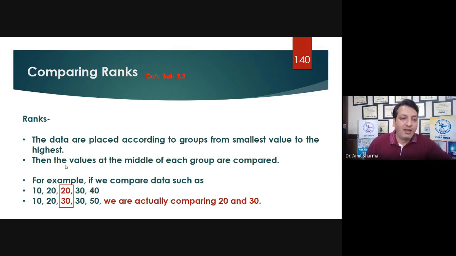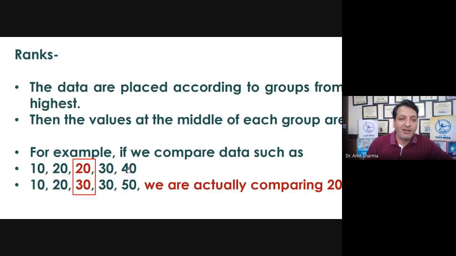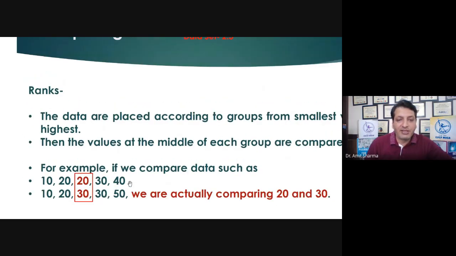For example, the examiner might give you a random order, but what you have to do is write the data from the lowest to the highest. For example, I have taken two examples: 10, 20, 20, 30, 40, and 10, 20, 30, 30, and 50. In the test, whatever numbers are present at the center, that is this 20 and this 30, we are going to compare with each other.